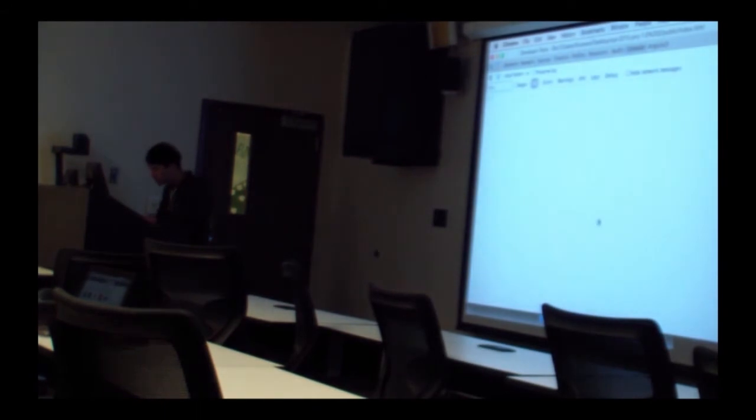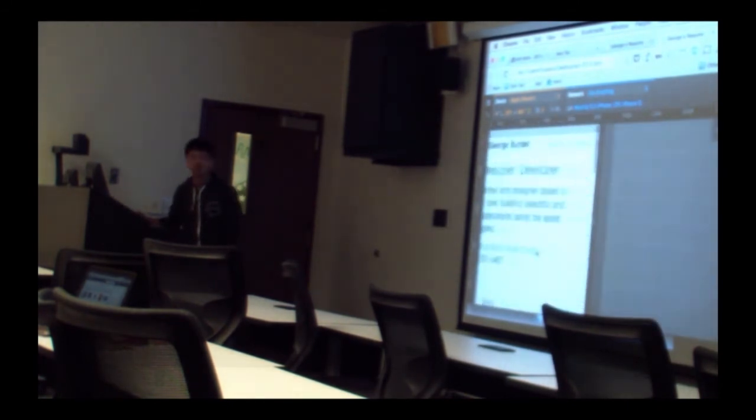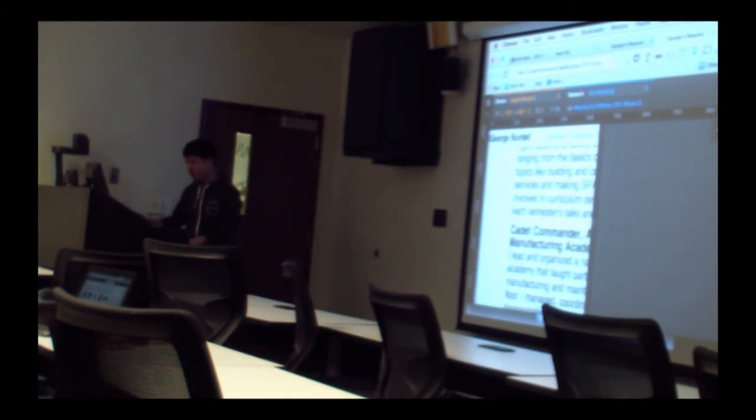So if you load a fresh page, this is how your website is going to look on an iPhone, which is not that good. There are also other devices, like an iPad.